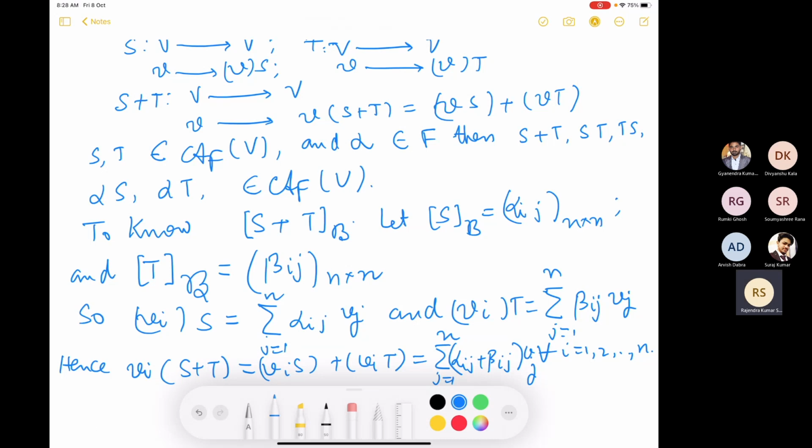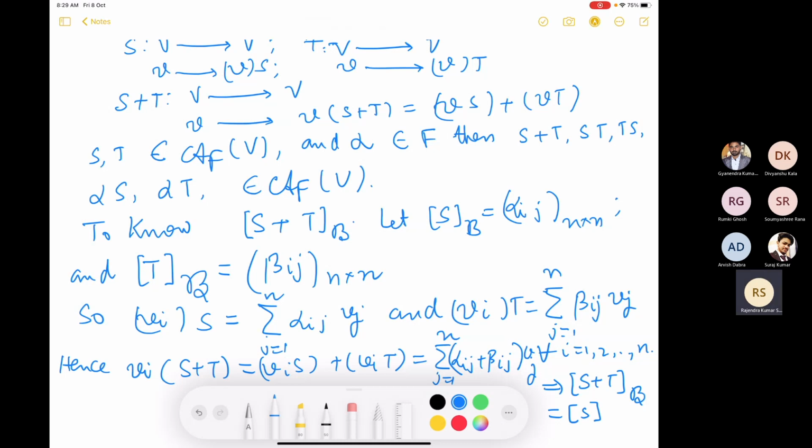So what does it give me? This gives me that the matrix of S plus T with respect to this ordered basis B is the matrix whose ijth entry is alpha ij plus beta ij.